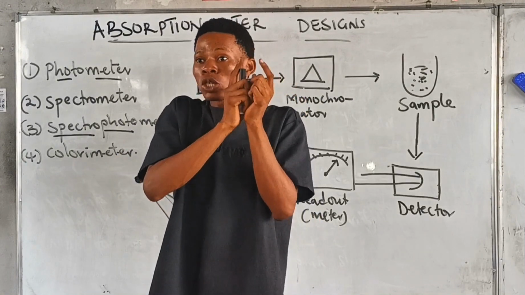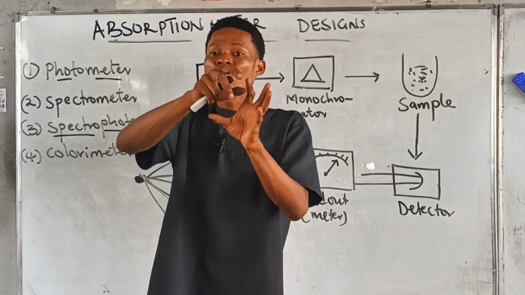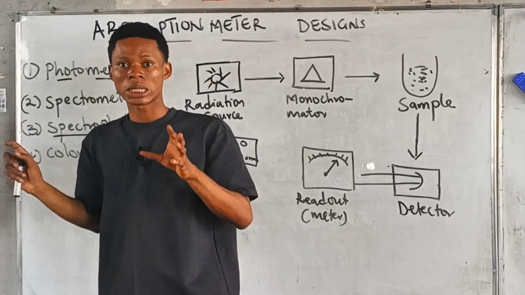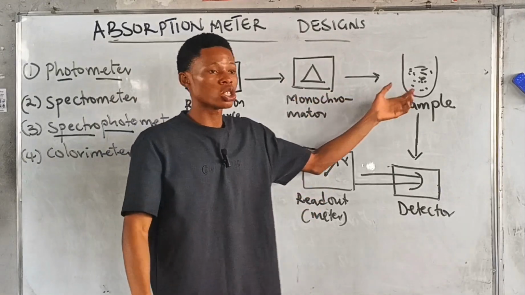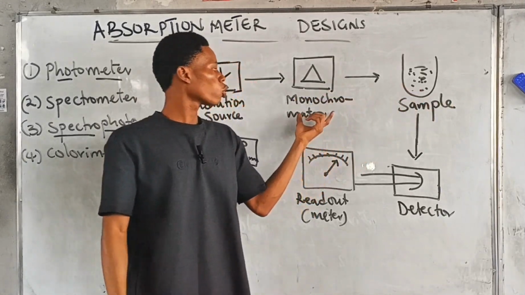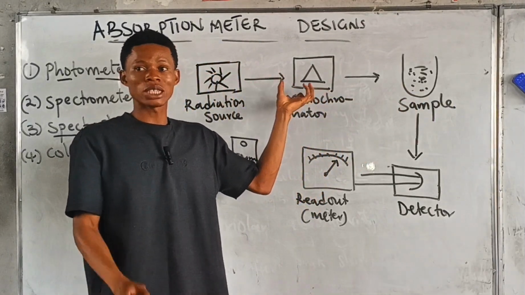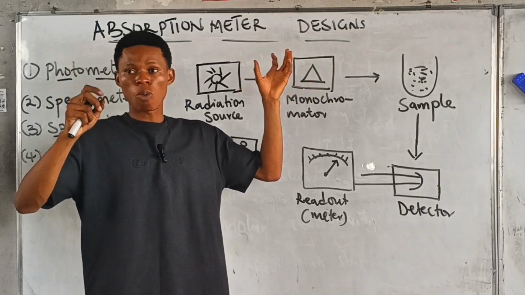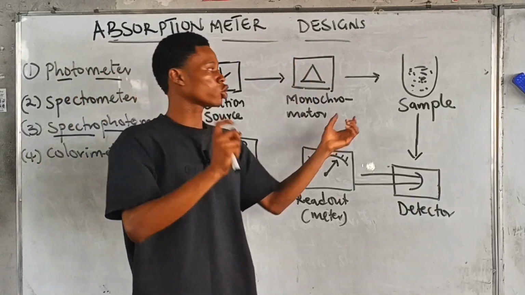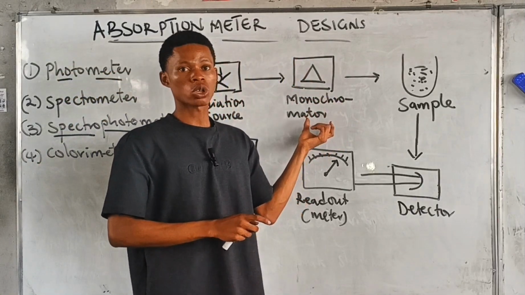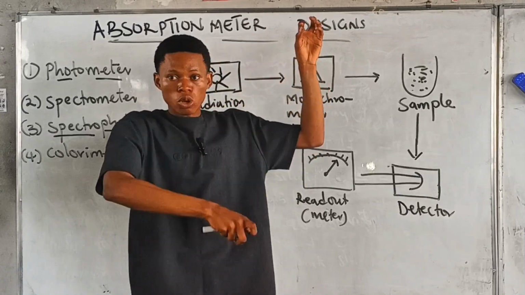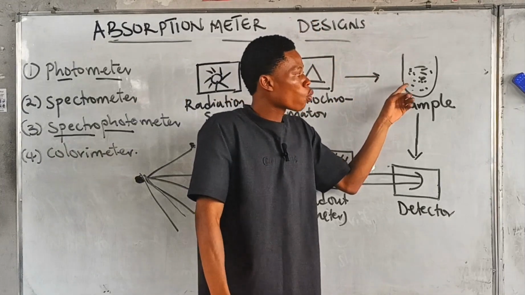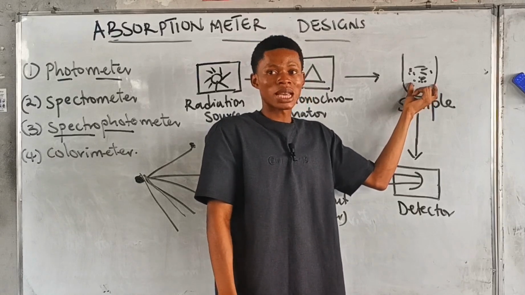Light that has one particular wavelength, right? That is, you've separated the light into its components. So only one spectrum of light is passing through the sample. Mono means one. Chroma is talking about color. Now, it is one spectrum of light that will pass through the sample.